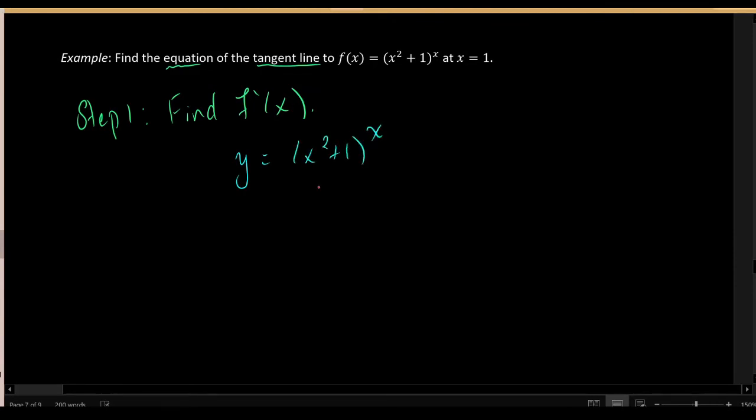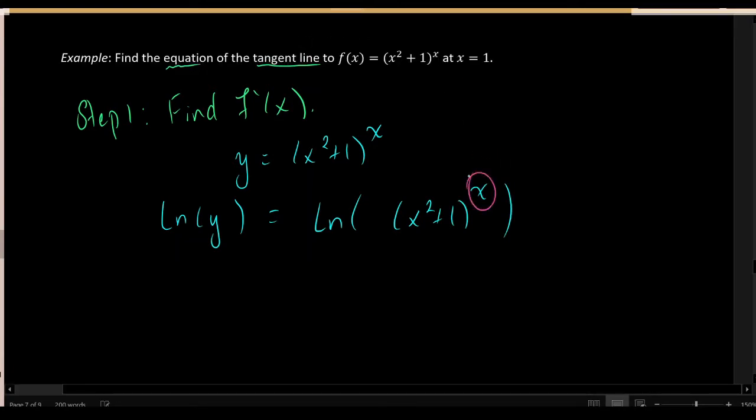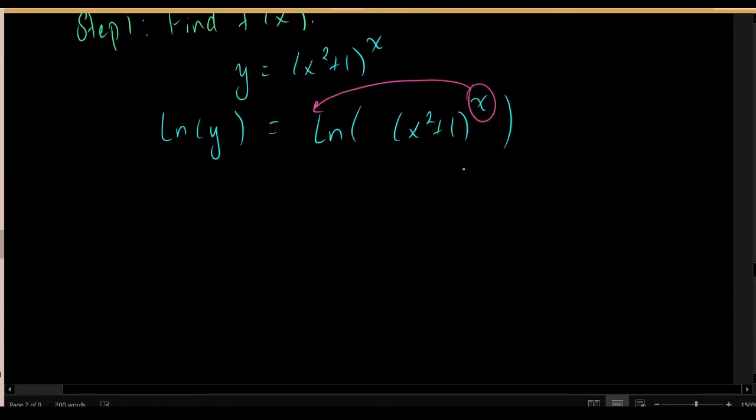I'm going to replace f of x with y for short, and then I'm going to apply the natural log to both sides. And properties of logarithms say that you can take that x and change it so that it's a multiple outside of the natural logarithm.